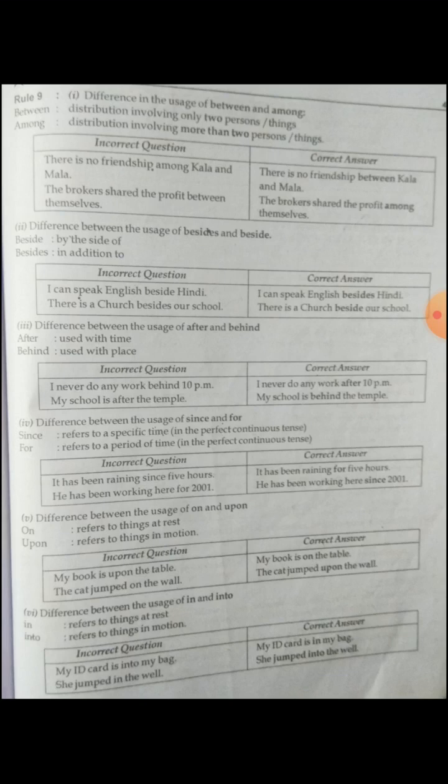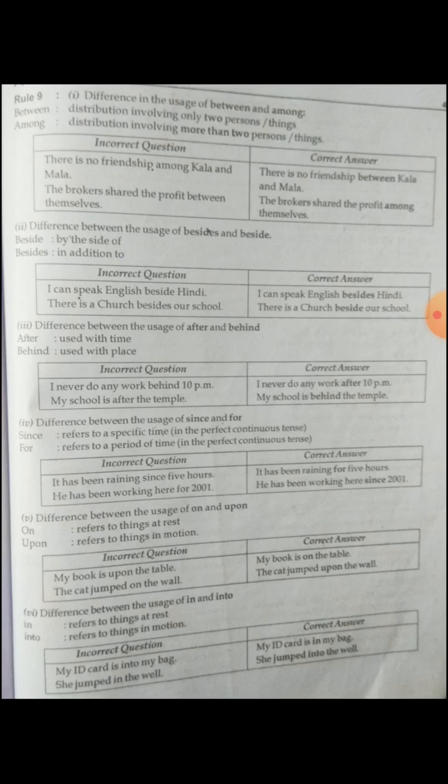Difference between the usage of besides and beside. In simple, compound, complex, we have seen the besides rule. Besides means in addition to. Beside means by the side of. So, I can speak English beside Hindi.